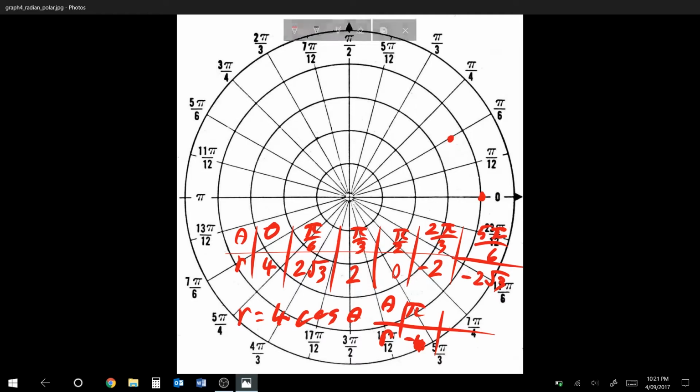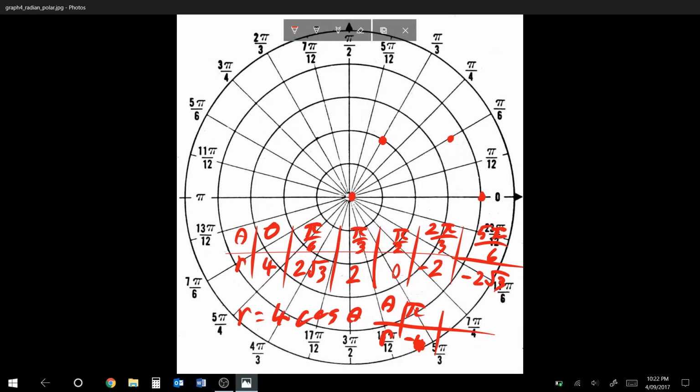That's there. Go to 2 and pi on 3, there. Then go pi on 2. It's going to be distance nothing.